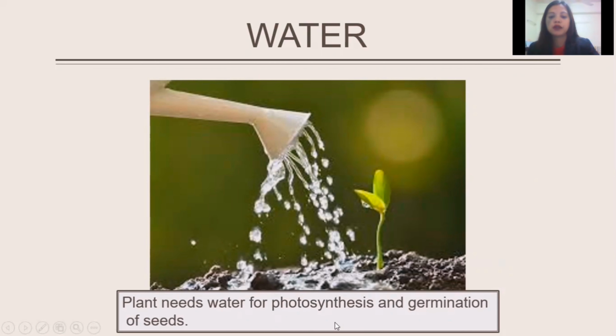Photosynthesis is the process of making their own food. Germination is the process of a seed growing into a young plant and then into a young adult. Did you get it?